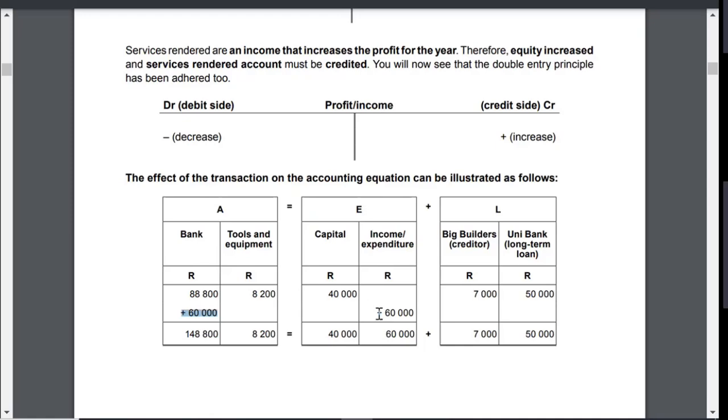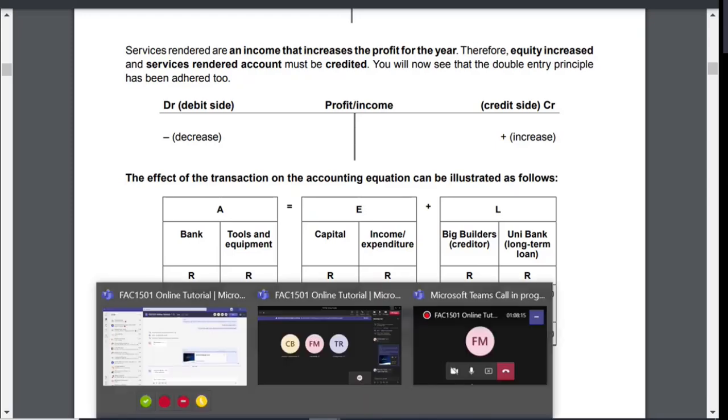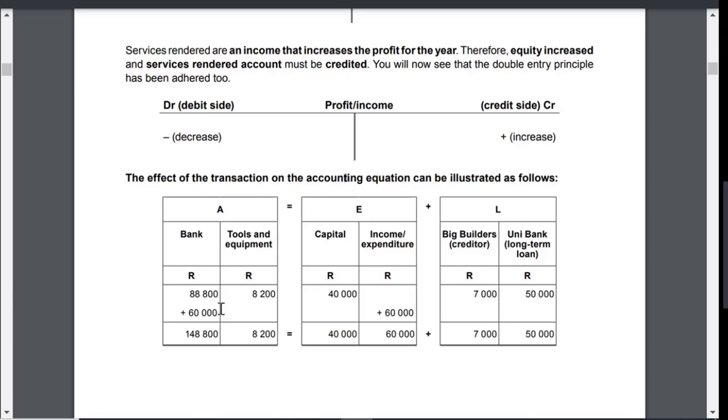So the bank account is increasing, the service rendered income is increasing. That's why it's plus 60,000 and plus 60,000. Is our equation balancing? Yes. Plus 60,000 assets equals plus 60,000 equity.